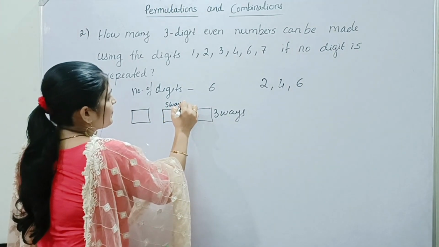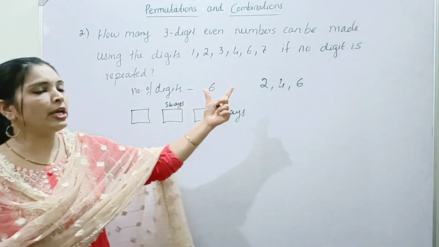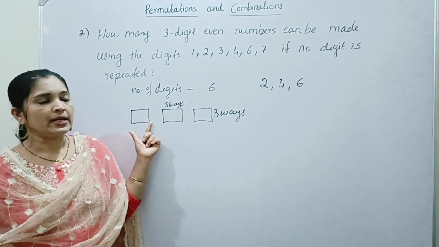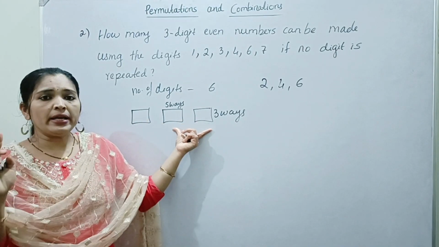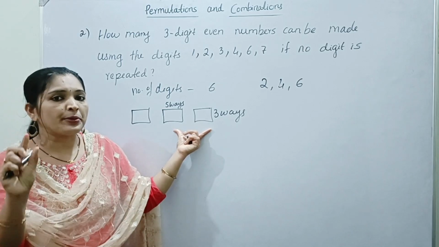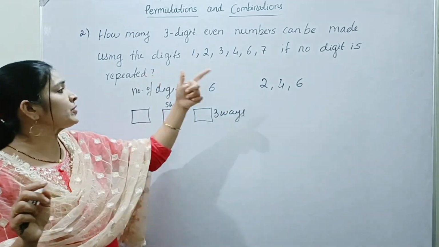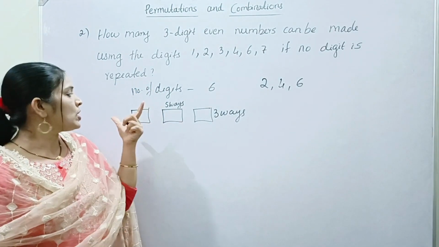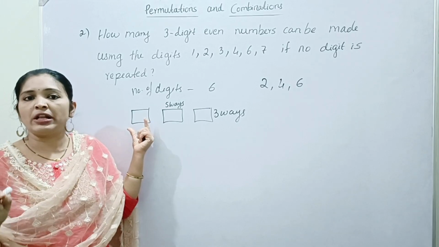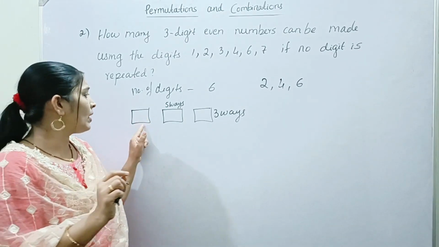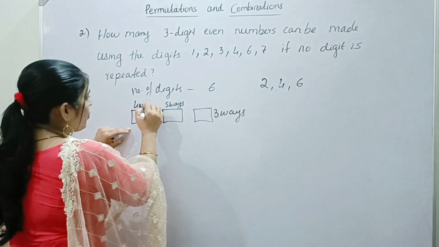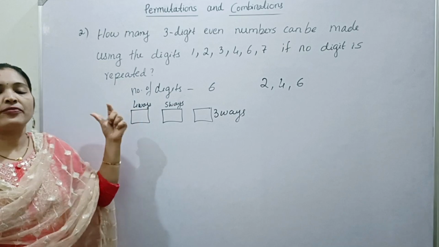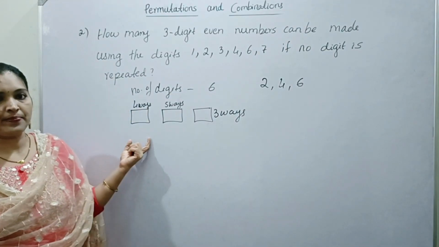Because 5 digits remain. And in the hundreds place, we have already written 2 digits and repetition is not allowed. It is already mentioned: no digit is repeated. So in how many ways can we fill this hundreds place? In 4 ways, right? 4 digits remain.